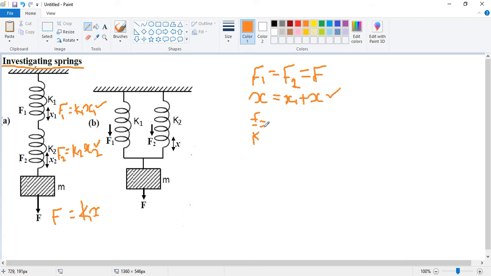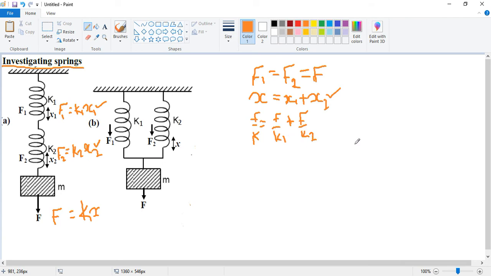The second, X1, will be F over K1. Remember, I said F1 is the same as F2, which is the same as F, because they support the same load and experience the same tension. So the tension in each spring is the same as the load they support. So this will be plus F divided by K2, since this was X2.